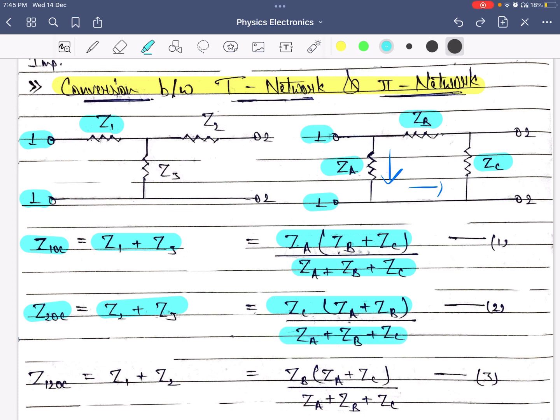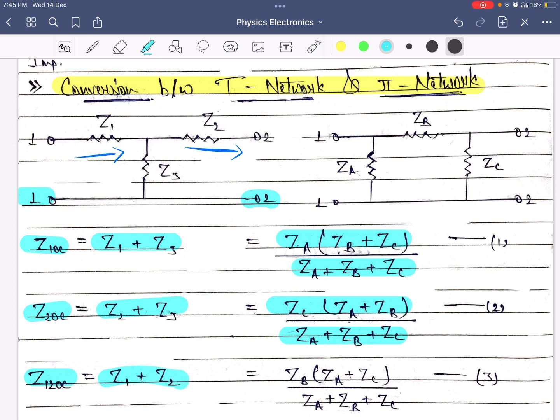As for the impedance Z12OC, one input terminal and one output terminal are open in the T network, in which case there will be no flow of current through the Z3, and we will get Z1 plus Z2.